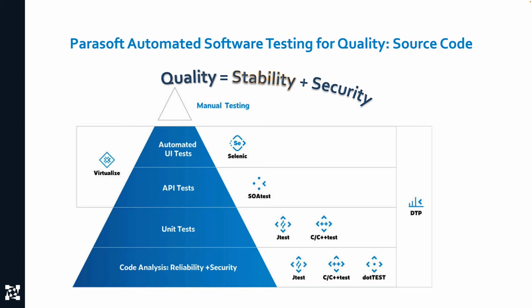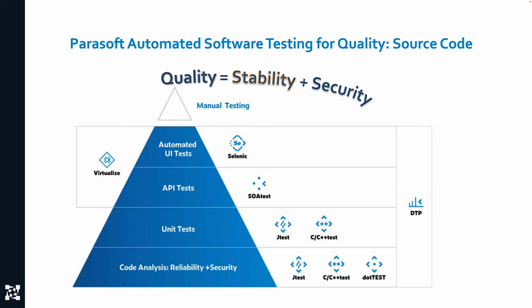We also have a lot of tools for black box testing, for functional tests and performance tests, but I'm not talking about that in this topic. In PassSoft, we focus on the quality of the source code based on stability and security.